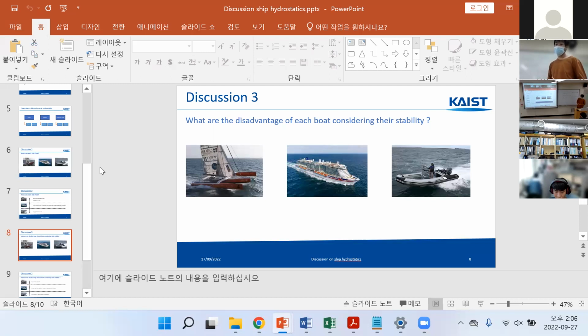And do you have an idea for the one in the middle? Yes. I guess they are very slow because of their size.